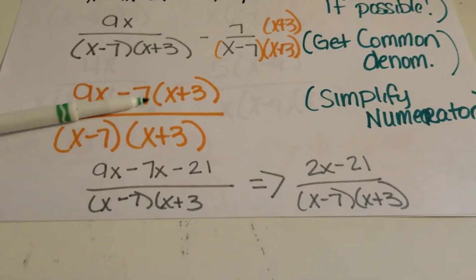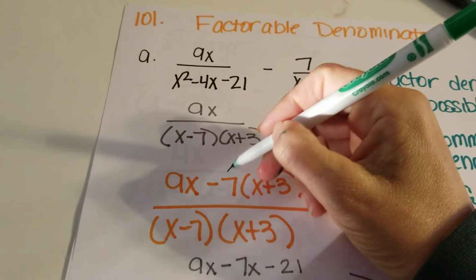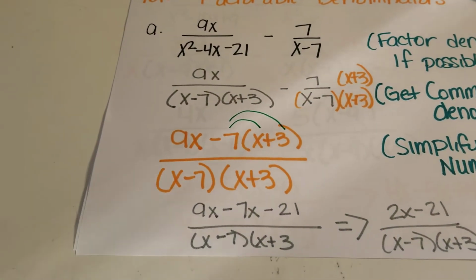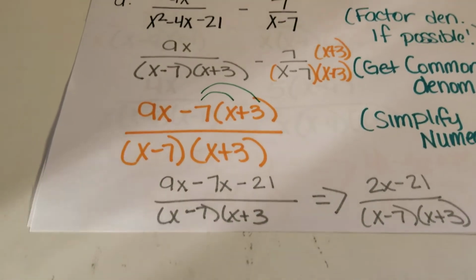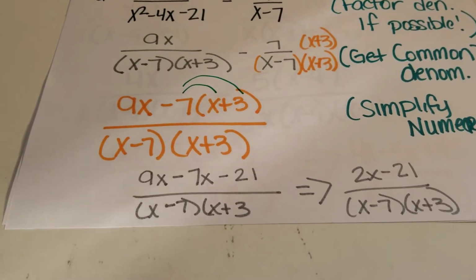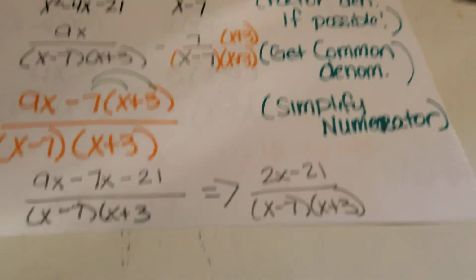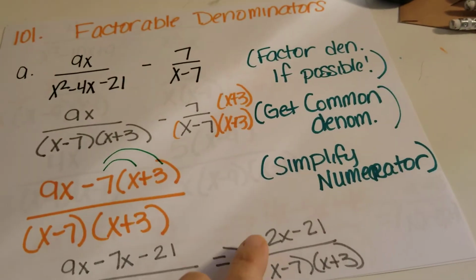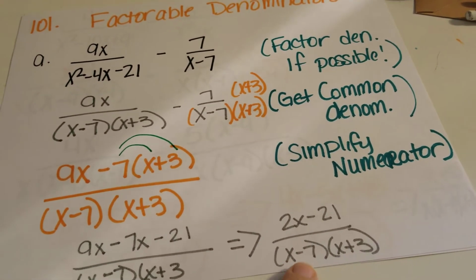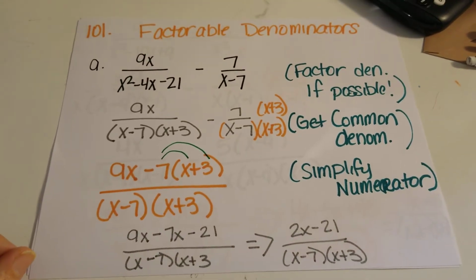Maybe I should show you what I did there. Let me change because I can't draw my right or my left. So I distribute that negative 7 to that parentheses. I end up with negative 7x minus 21 over x minus 7, x plus 3, okay? And then after I simplify my numerator, that becomes 2x minus 21 over x minus 7, x plus 3. Okay, so look at that, and we'll do one more example.